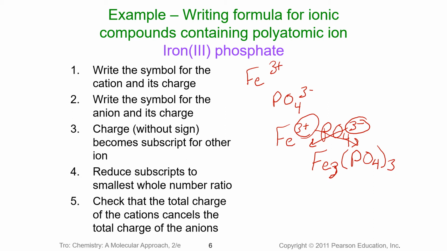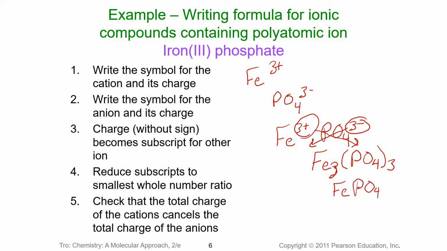That way this tells us that we have 3 of the entire group. So 3 phosphoruses and 12 oxygens. We can reduce this, however, so this is not our final formula. We can divide the subscripts by 3, and we would end up with iron phosphate.